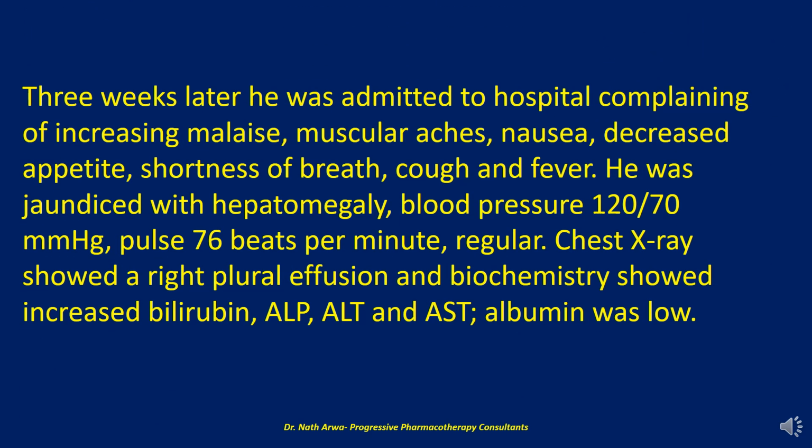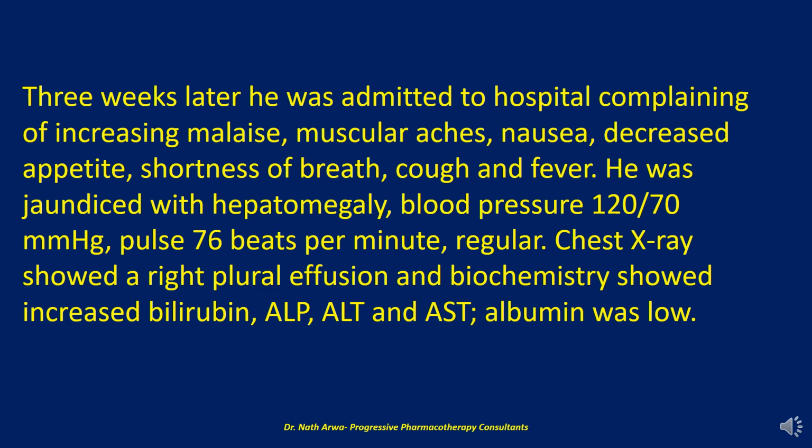3 weeks later he was admitted to hospital complaining of increasing malaise, muscular aches, nausea, decreased appetite, shortness of breath, cough and fever. He was jaundiced with hepatomegaly, blood pressure 120 systolic 70 diastolic, pulse 76 beats per minute, regular.